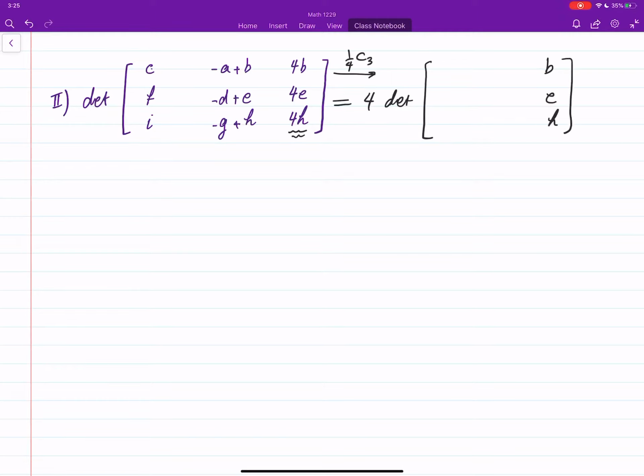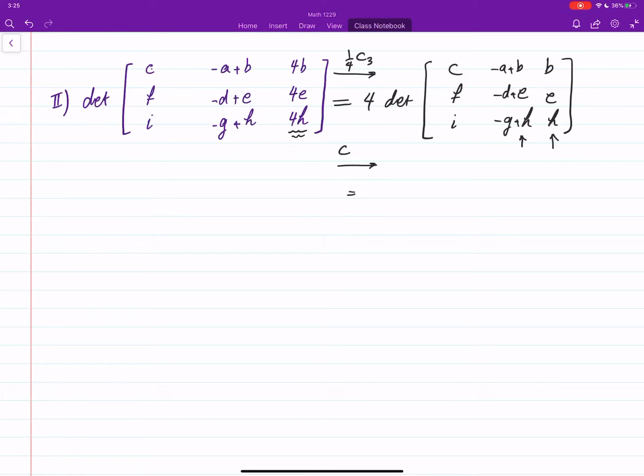This is nice. C, F, I, this is the last column, minus A plus B, minus D plus E, minus G plus H. Very nice. Well, you see that a copy of column 3 is added to column 2. Why don't we cancel that?